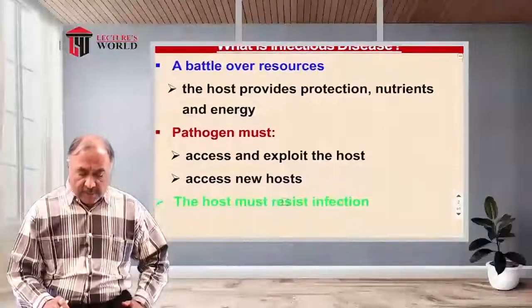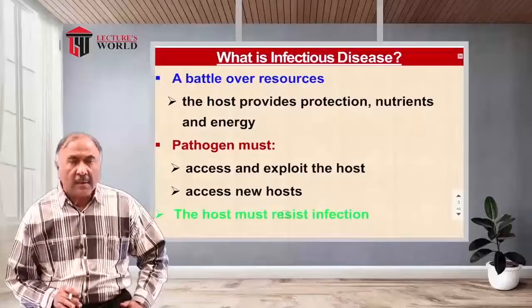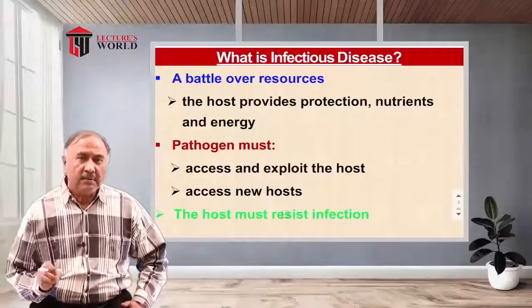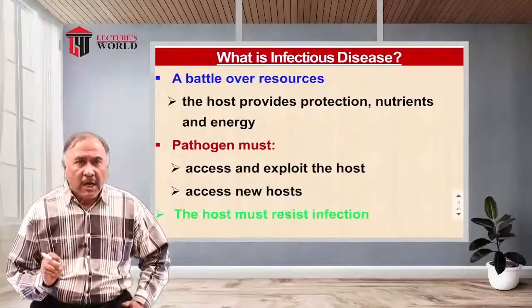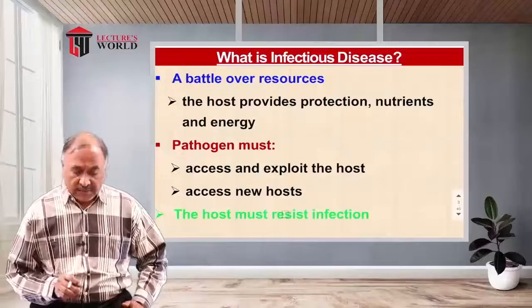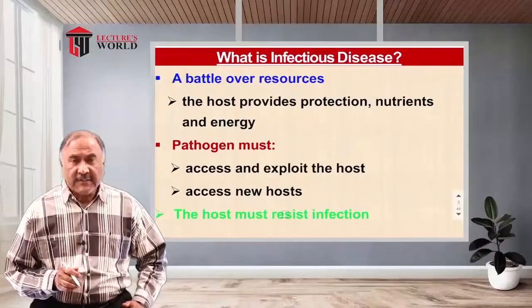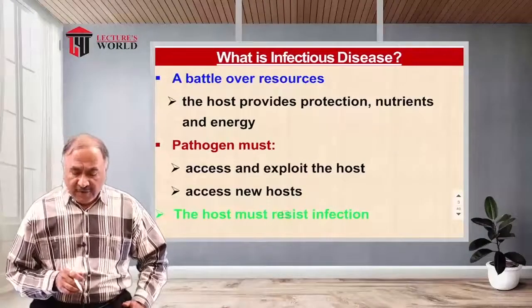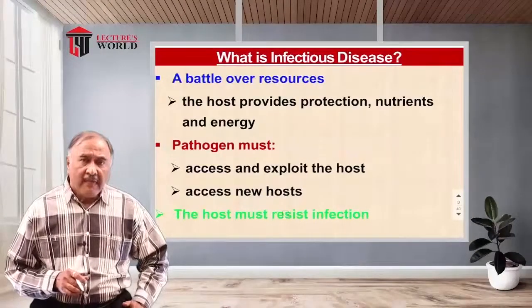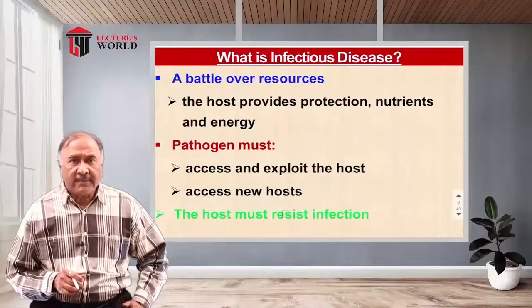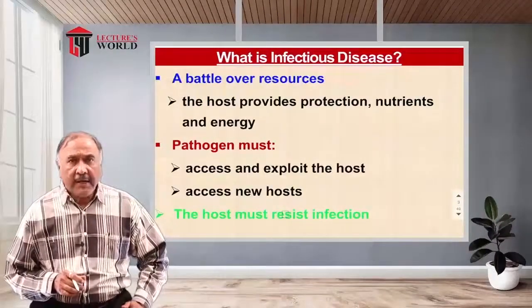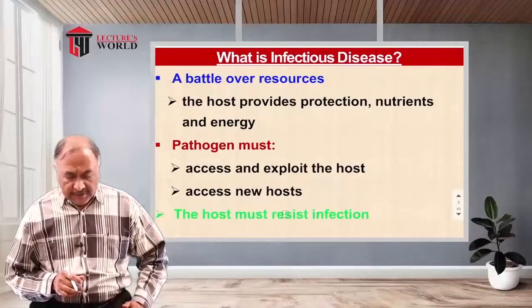Now let us come to the beginning of what, how, where, all those things. First is, what is an infectious disease? Infectious disease, in simple terms, can be explained as a battle over resources.